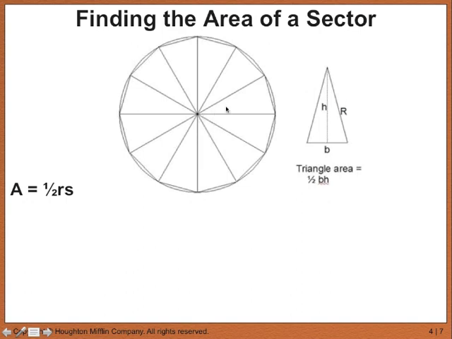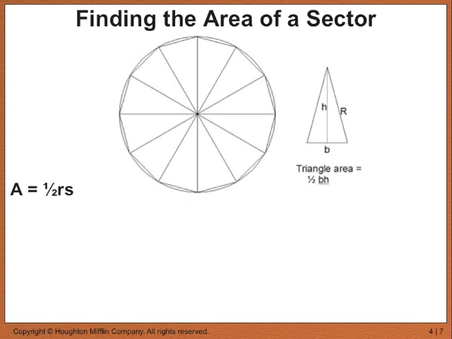Then you'd be cutting all these isosceles triangles in half, and then you'd be redrawing it so that all the corners of the triangles would touch the circle. Well, you can increase it to 24, 48. You could increase it to 160. You could increase it to any number. Imagine 1,000 little isosceles triangles inscribed in this one circle.